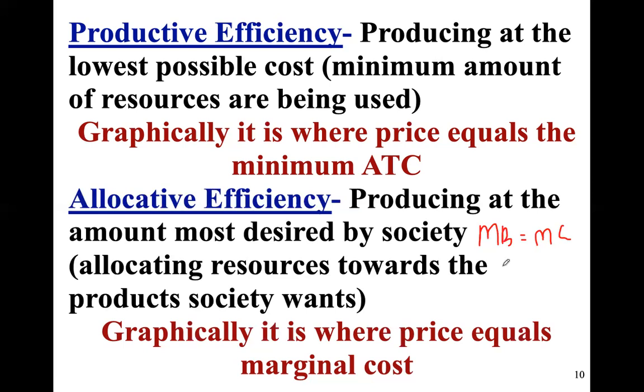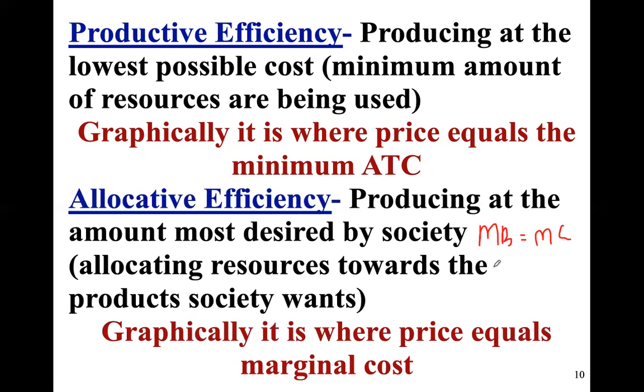What is the marginal benefit? It's the additional benefit that a consumer gets from buying one more unit of that product. In free market economies, we can put a number on the marginal benefit because we voluntarily exchange and buy goods and services with our money.